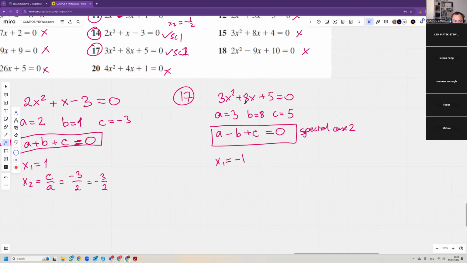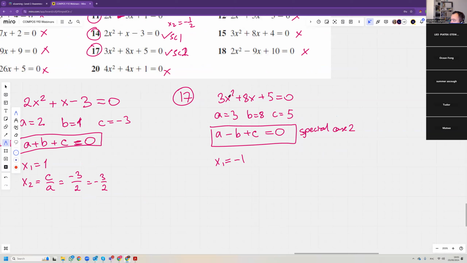And indeed, if you substitute minus 1, it's 3 times 1, which is 3, minus 8, plus 5. 3 minus 8 plus 5 is 0 indeed. So x1 is minus 1, and x2 is going to be minus c over a, which is minus 5 over 3. So solve the equation by just noticing that.